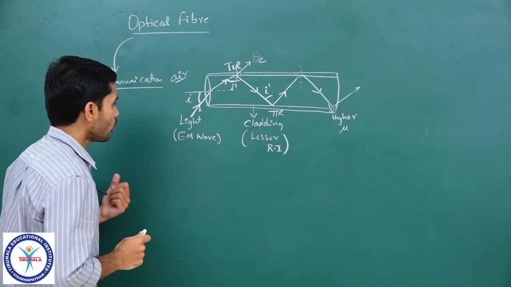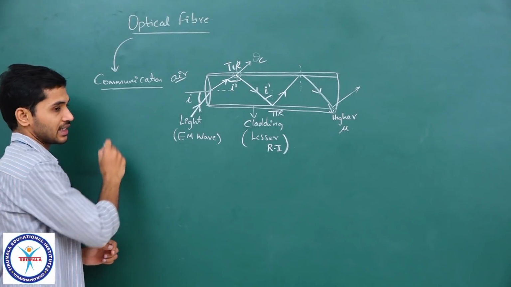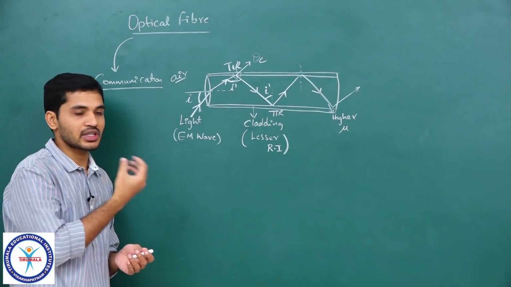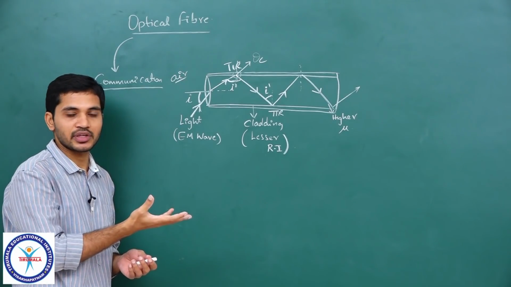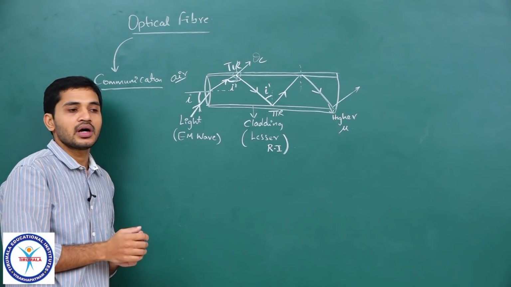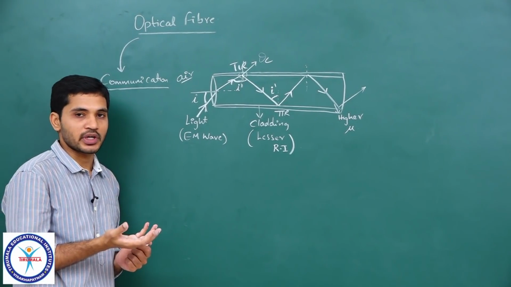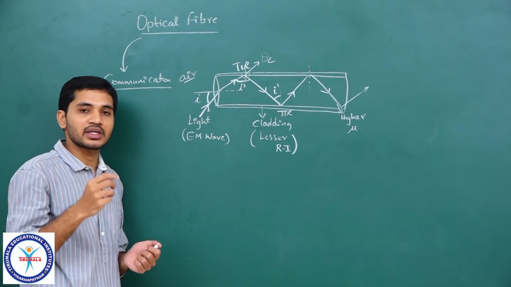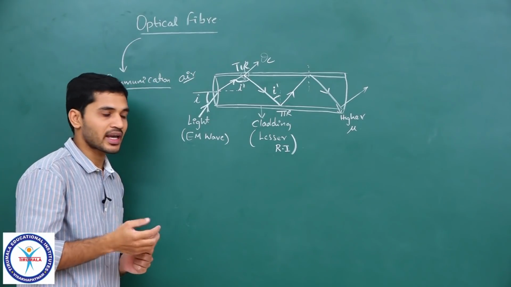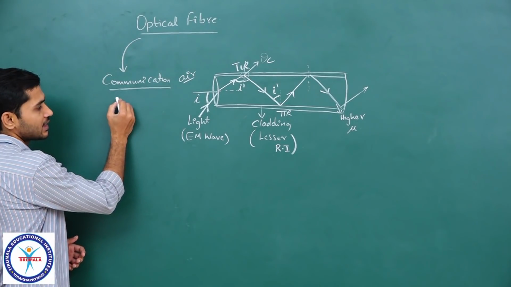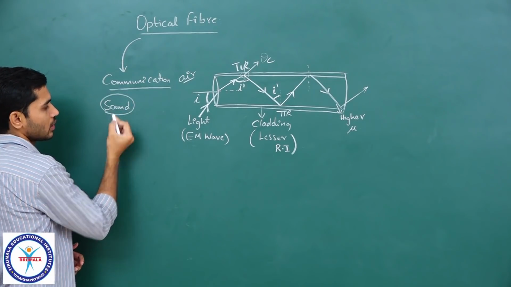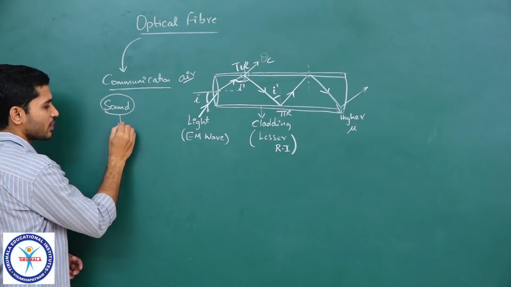Now, what we do here for communication is that, for example, let us say I need to propagate my sound, whatever speech audio you are hearing. Let us understand how it is propagated. Whatever fluctuations in sound I am making, we will first take that sound and feed it into a particular device.